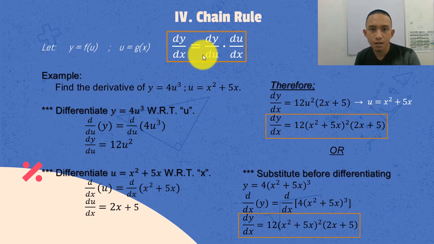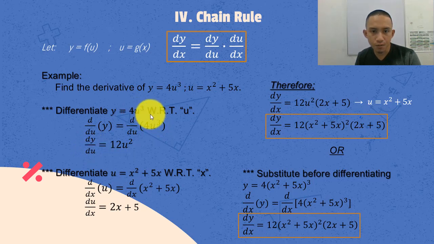First, let's differentiate y with respect to u so that we bring out dy du. If I differentiate both sides with respect to u, you will have the derivative of y as dy du.